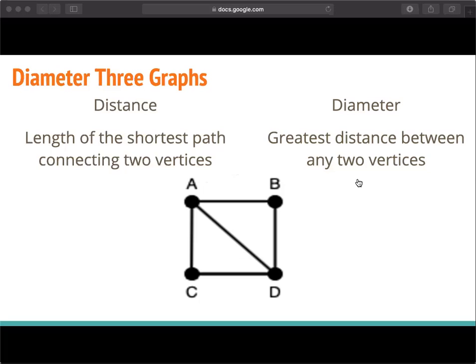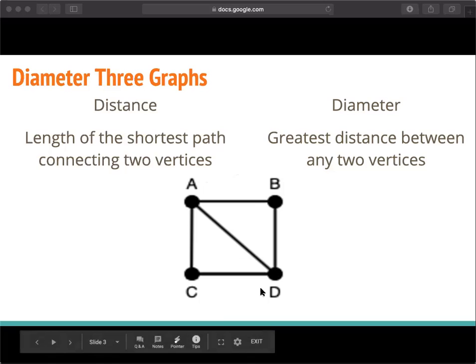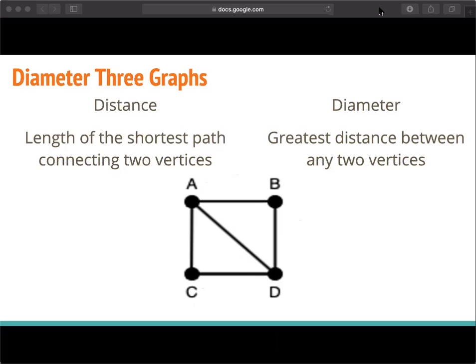If we look at B to D, it's 1. But if we look at C to B, it's 2 because there's only 2 ways we can get from C to B, so it's CAB or CDB, which means that the diameter is 2 because that's the greatest shortest path connecting the two vertices.